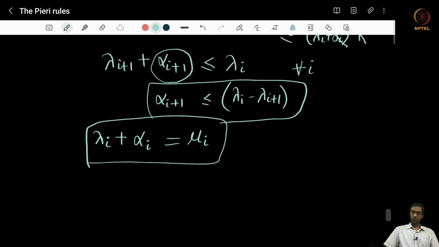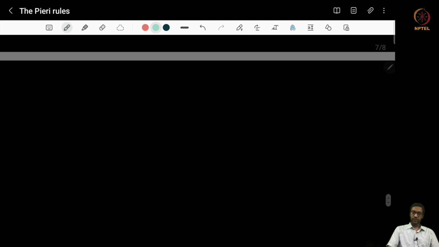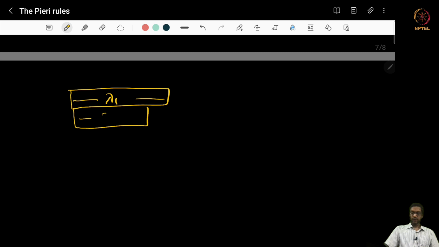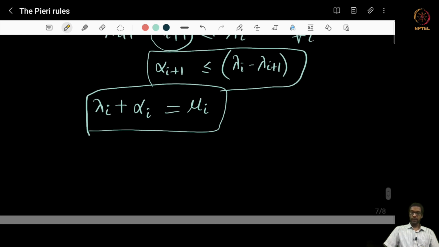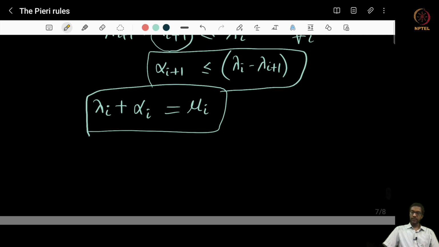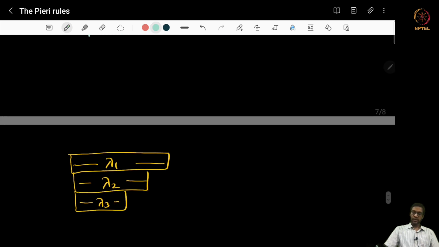If you now put these together, you will see our horizontal strips making an appearance. Here is lambda 1. This is a Young diagram of lambda, lambda 2, lambda 3 and so on. The condition here is, to each lambda, whatever alpha you add, the new part is mu. But that amount that you add is at most the difference between the two successive parts. So for example, alpha 2 is at most lambda 1 minus lambda 2.